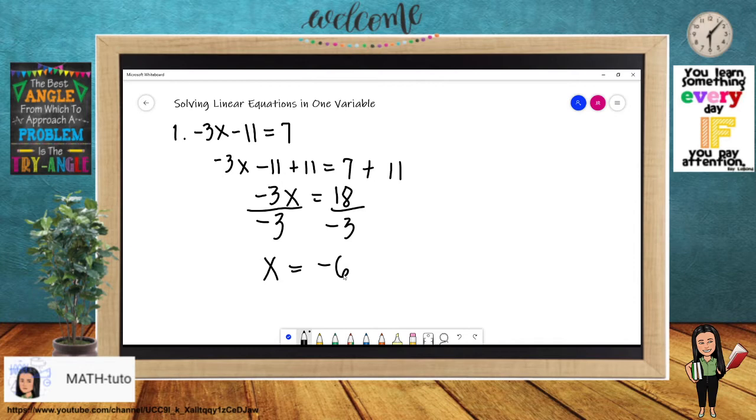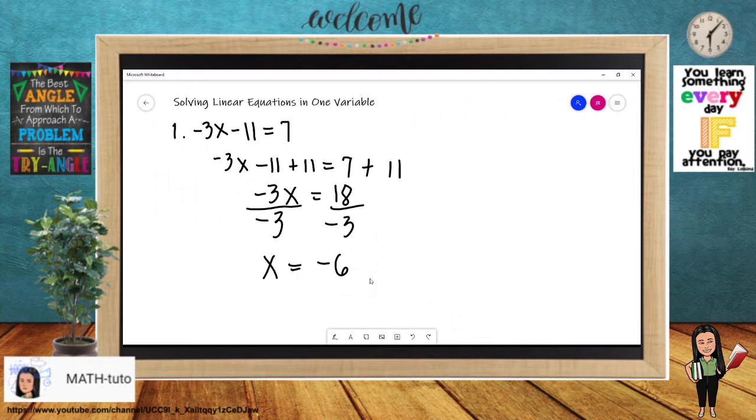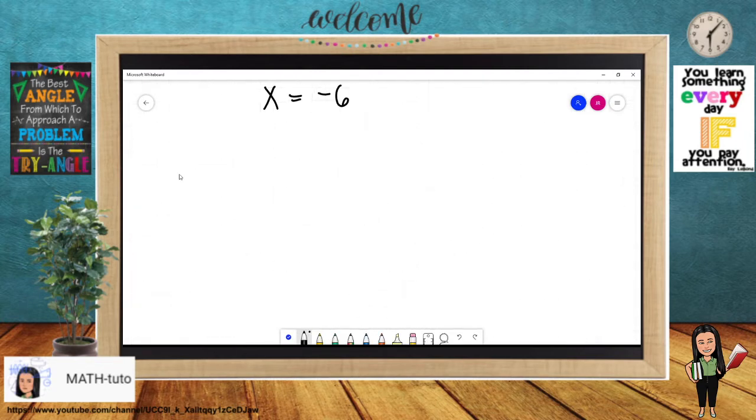Let us have another example. Let us solve 8y minus 5 is equal to 2y minus 29. We apply the addition property of equality to put all the variables on one side.